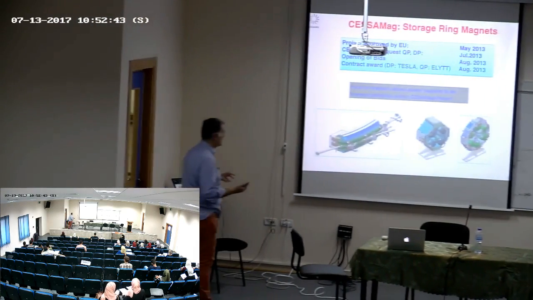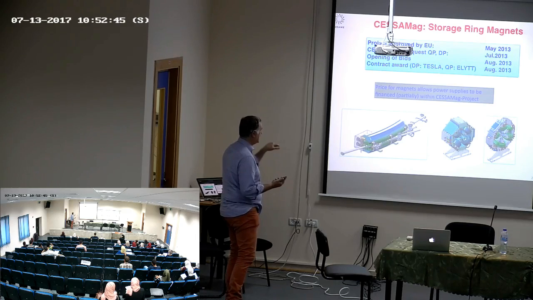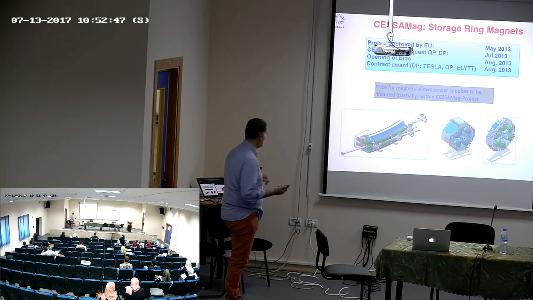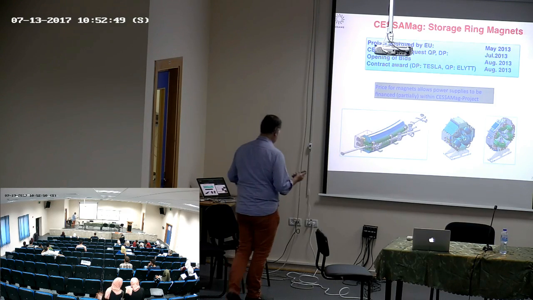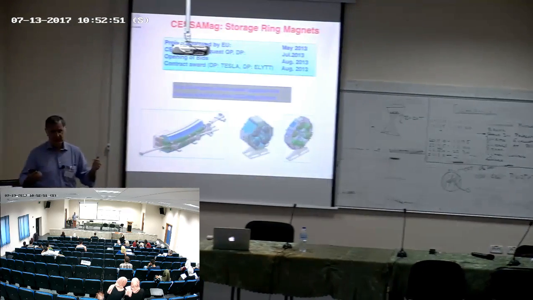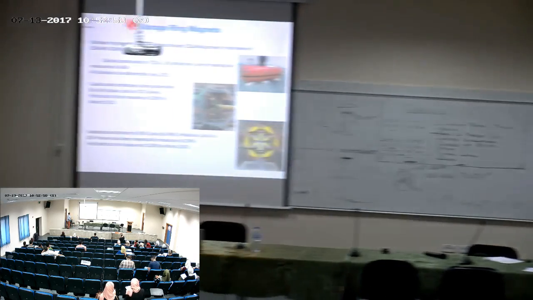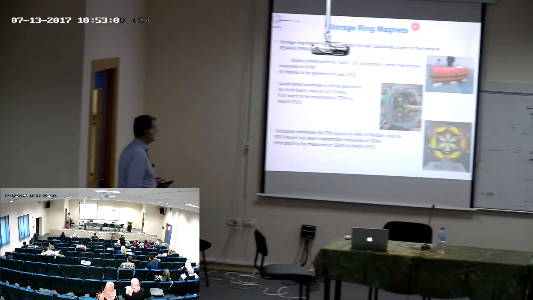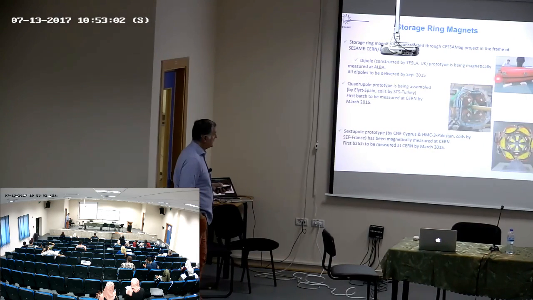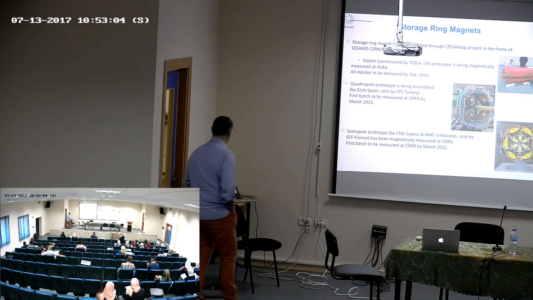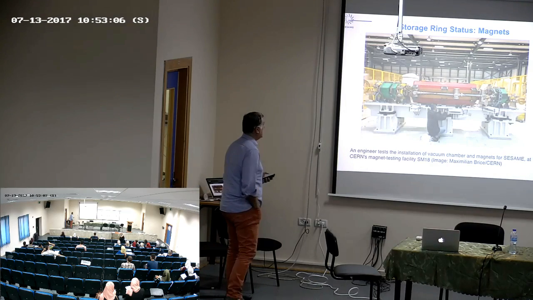So CERN, together with our engineers, designed the dipole, the quadrupole, and the sextupole magnets. Then all the magnets were sent to CERN, and some of them were measured at CERN, and some of them were measured at other laboratories. This is what they look like: dipole, quadrupole, and sextupole.